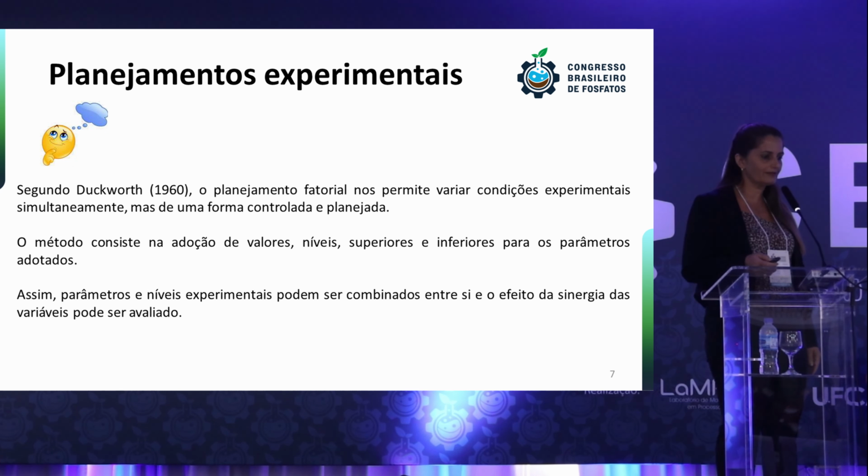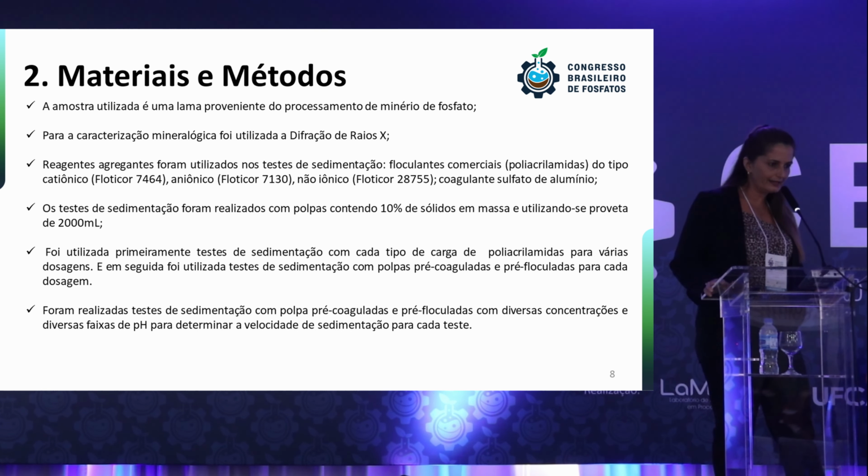What were the materials and methodologies? We used sludge that came from phosphate ore from the company Vale do Rio Doce in Minas Gerais. We carried out the mineral characterization using X-ray. We also ran sedimentation tests using commercial flocculants, cationic, anionic, and non-ionic types, and aluminum sulfate coagulants.